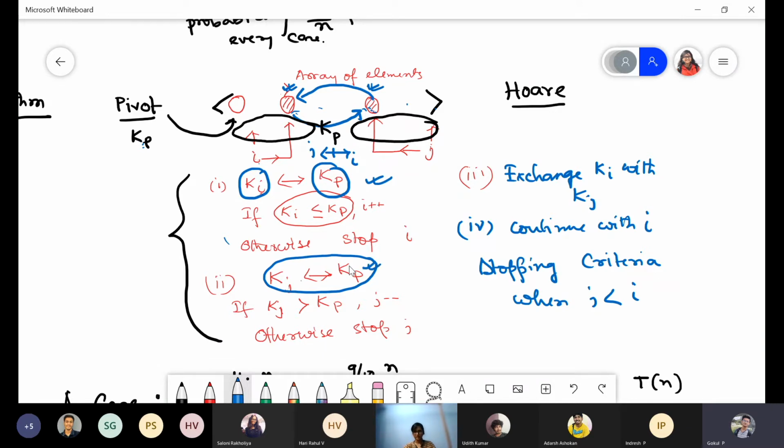We compare two elements only when one of them is the pivot. After we have got two elements which are not in order, we just exchange them. We don't compare between them again. So that's why there is only comparison with the pivot. But in every other algorithm, there is comparison between every pair of elements, which is not the case for quicksort. That's why here we have fewer comparisons. Is it okay? Have you understood?